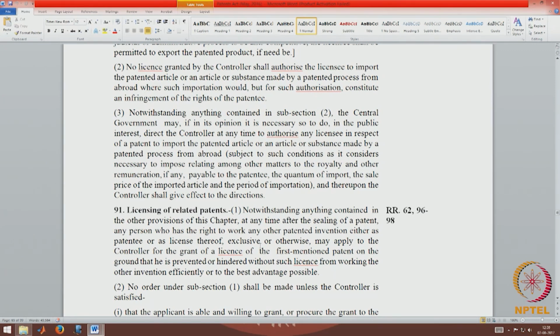Now, this could be where there is no local ability to manufacture, or the ability to manufacture locally far exceeds the demand for that particular product.